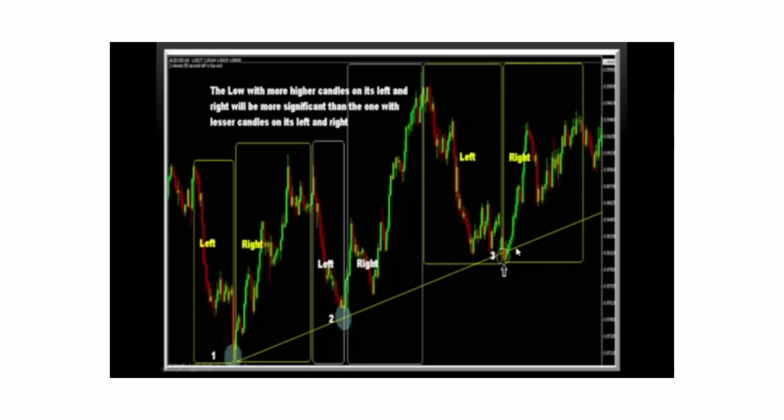So the chart here makes this concept a lot clearer, as you could see over here. There are 3 significant lows on the chart, number 1, 2, and 3, and notice that on each of these lows there are more high candles on both the left and the right side of the low, which you see over here.